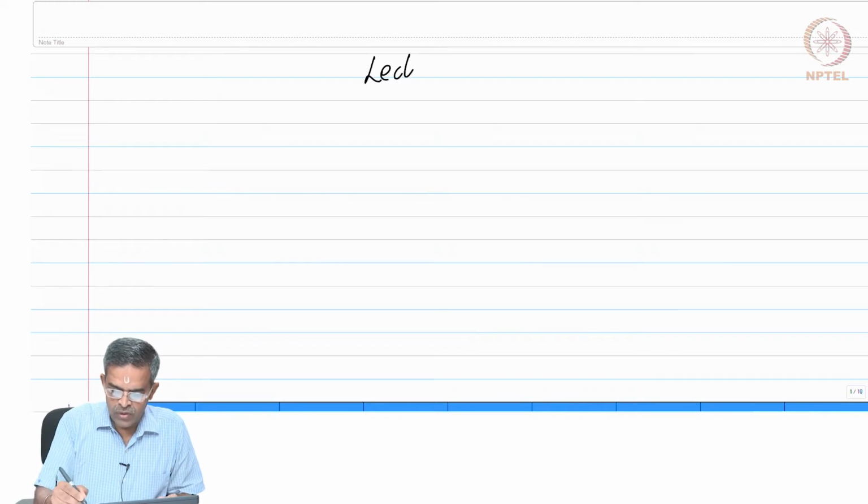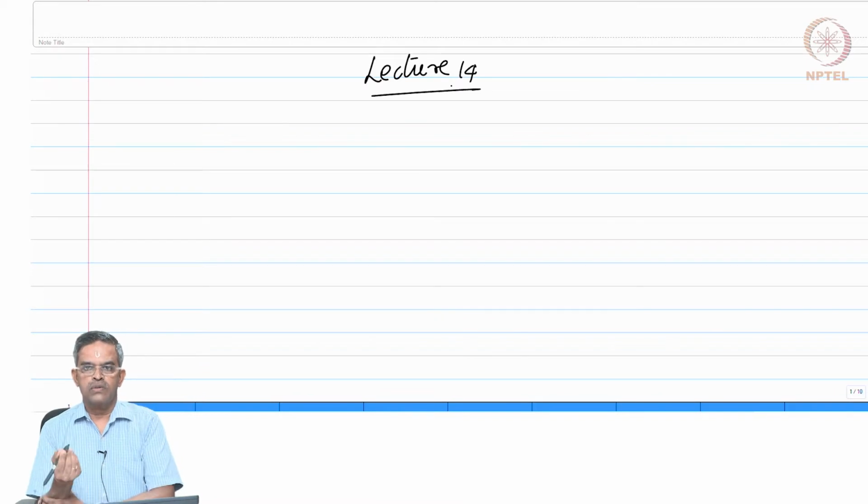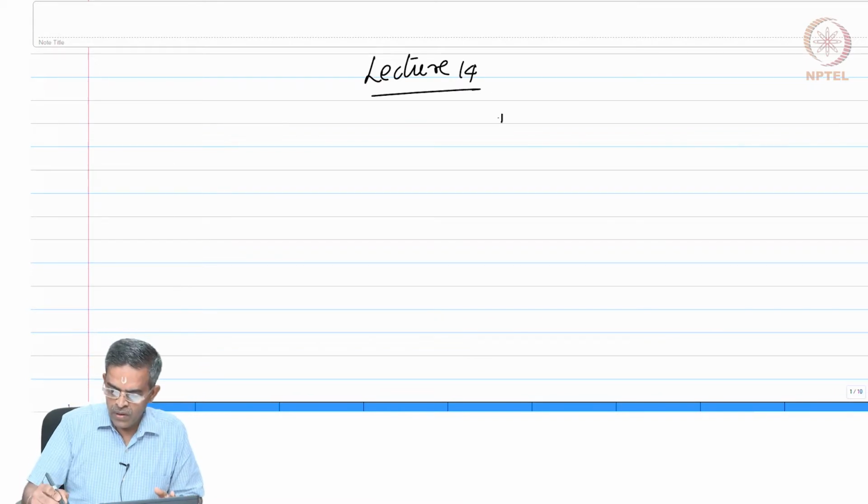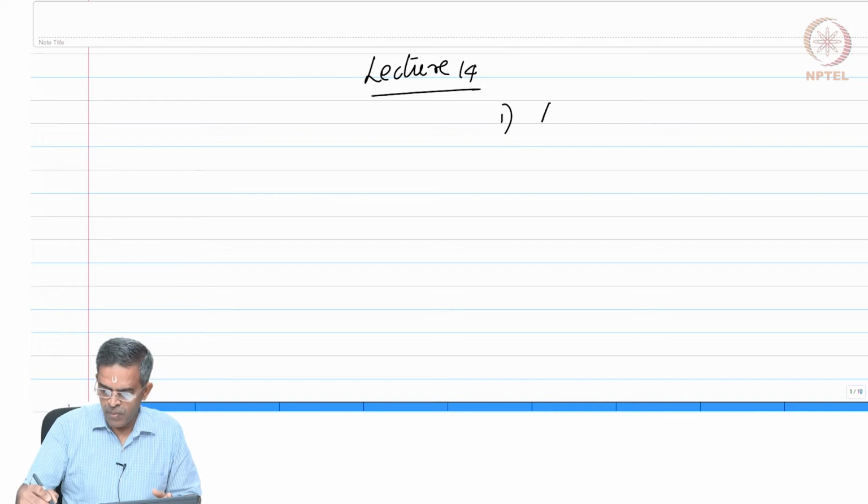In this lecture 14 on Advanced Steel Design course, we are going to learn more about the load combinations in the design process.